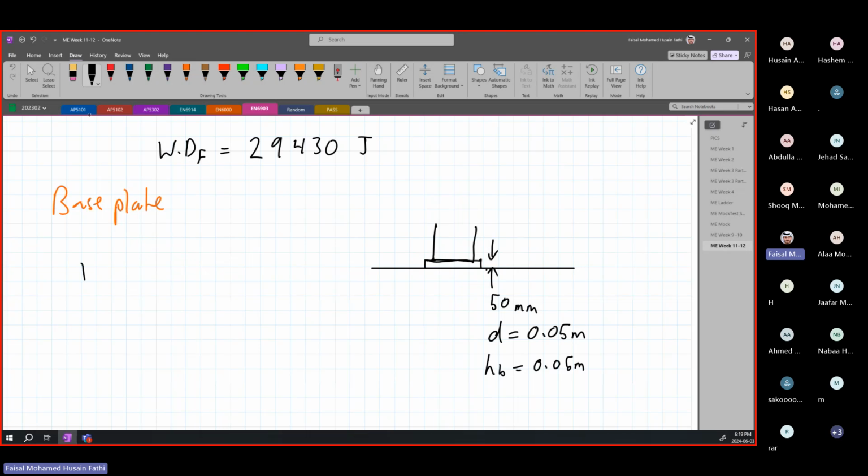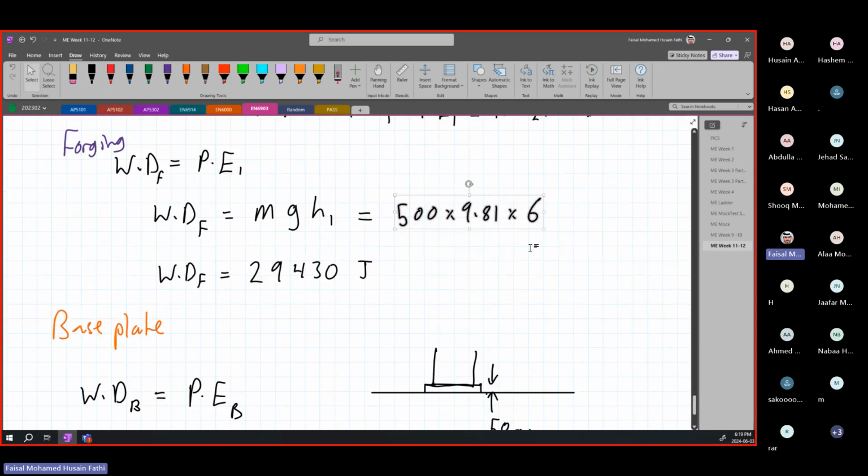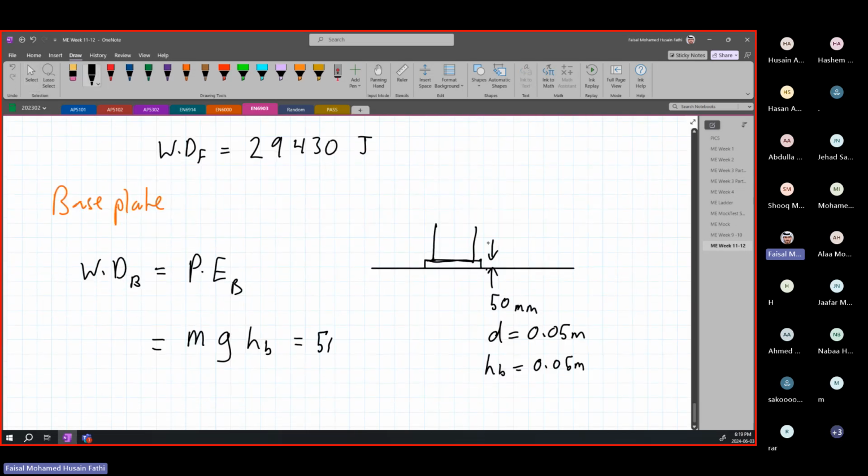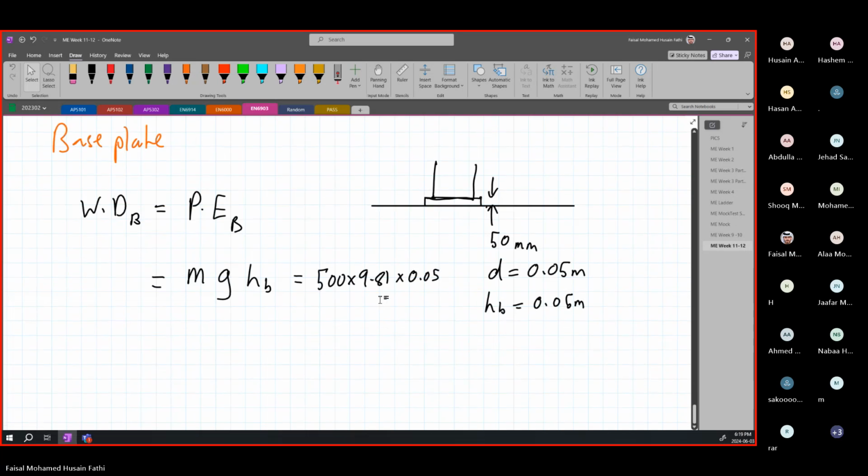So for the base plate, the work done by the base plate is going to be equal to the potential energy at the base plate. I'll call it PEB, and that is equal to mgHb, which is equal to just the mass that we have already been given, 500, times 9.81, which is gravity, times the base plate distance that is going to be covered, which is 0.05.